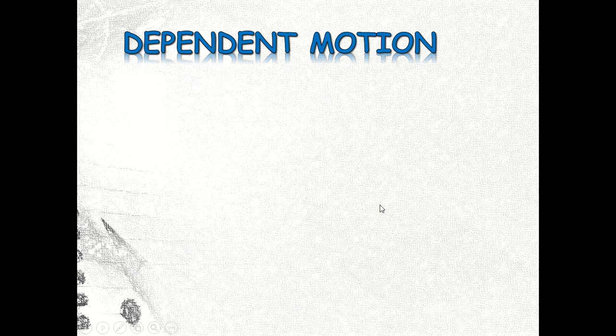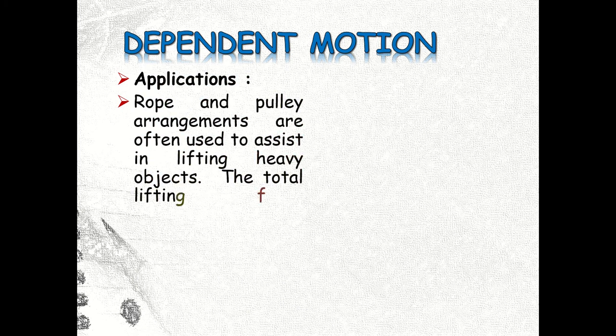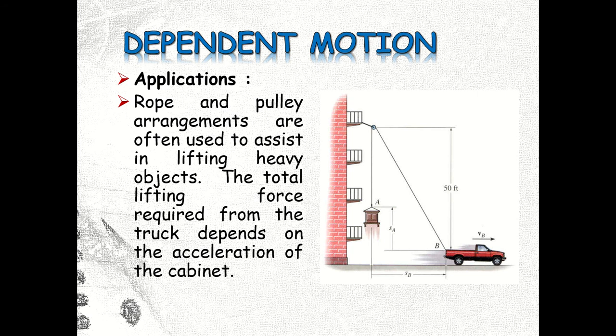Now, another application of this dependent motion concept is something like this. We have here a heavy object to be lifted up into this building with the use of this car. So we have here the rope, and we have the pulley.